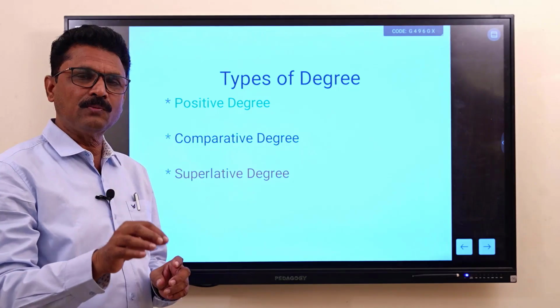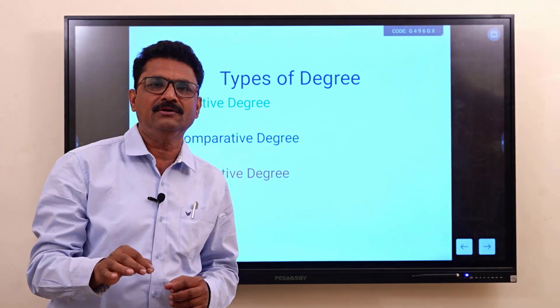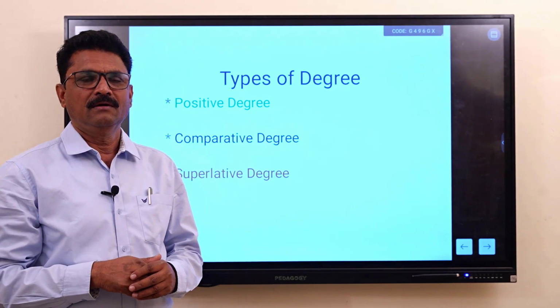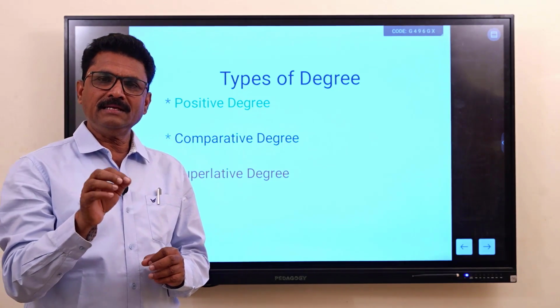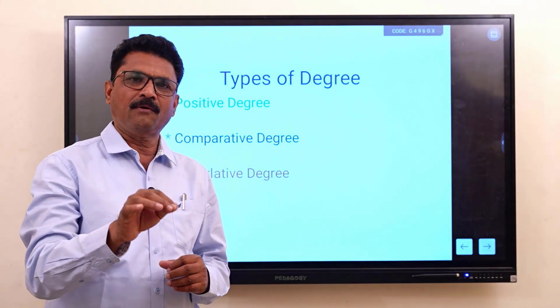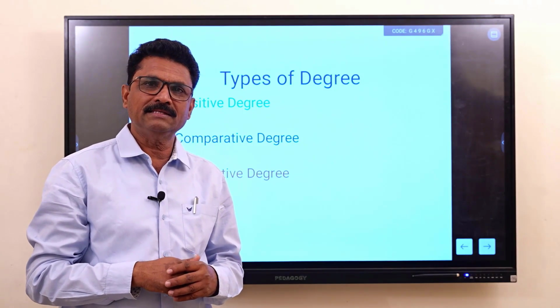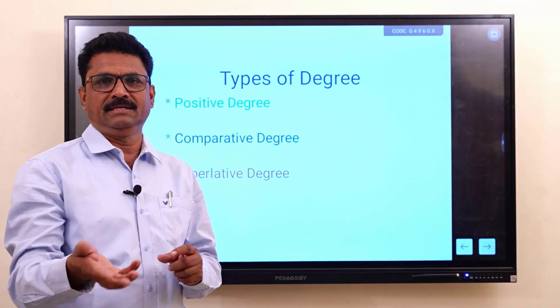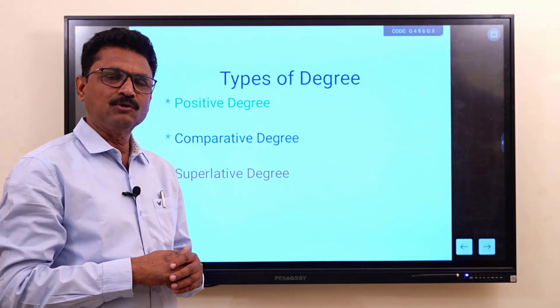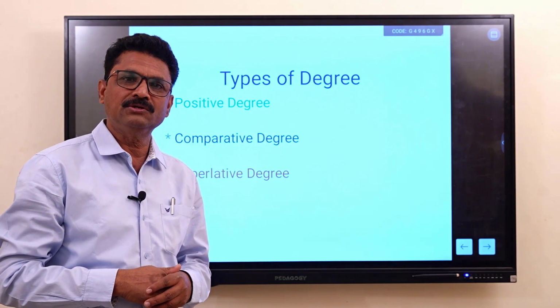But we can convert superlative degree into comparative and positive degree when there is a comparison of one person, place, or object with many.